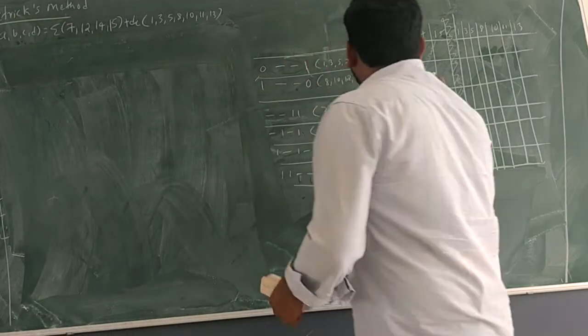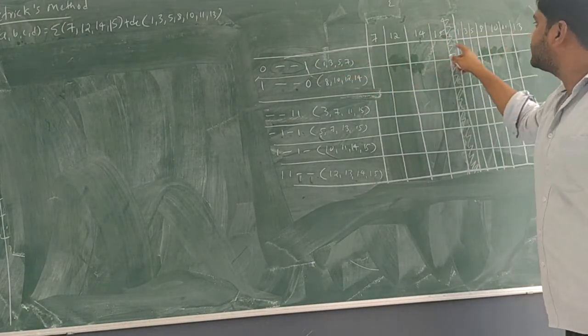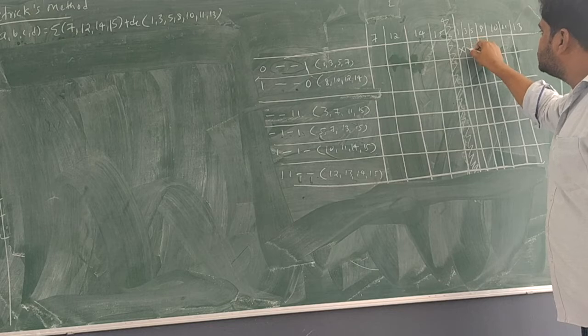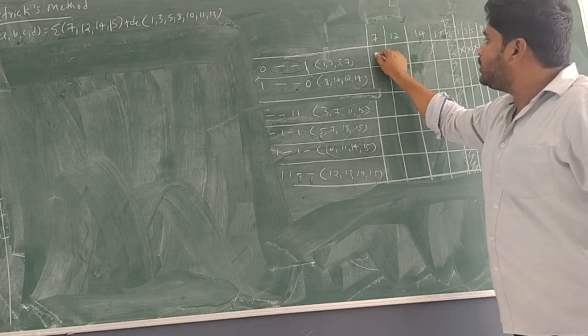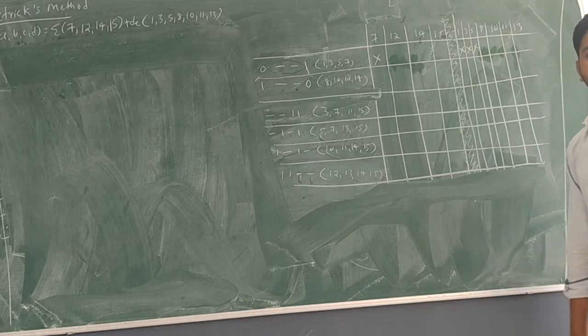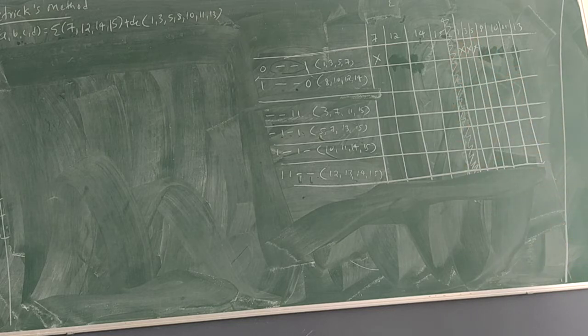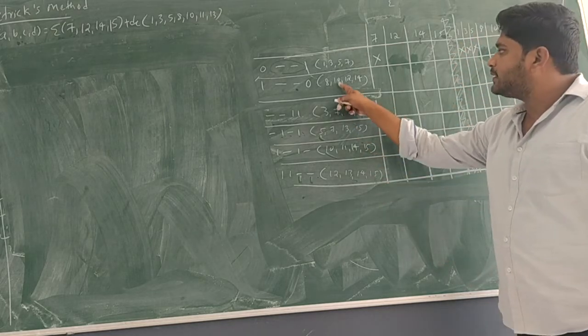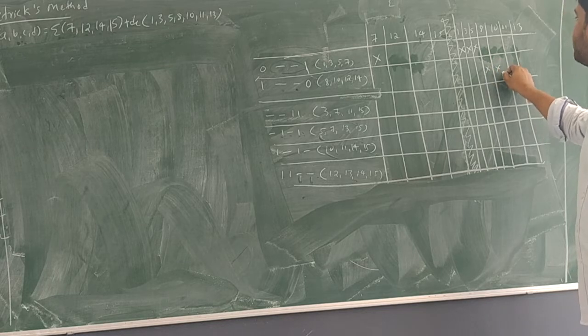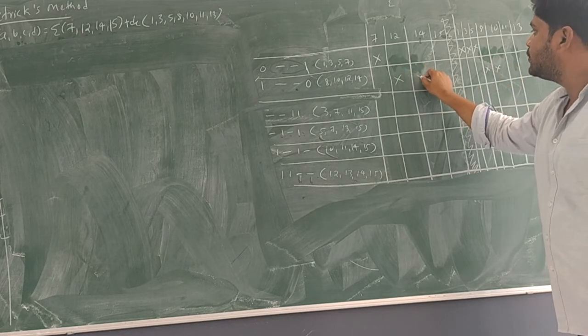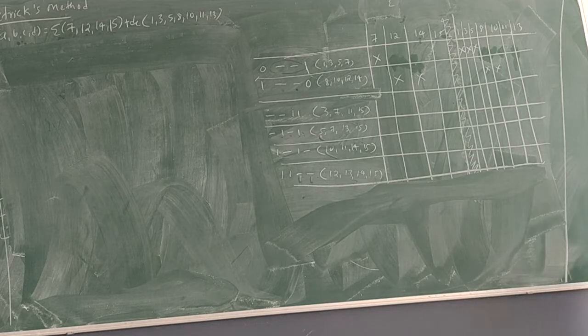See now, 1, 3, 5, 7. 1, 3, 5 are all DC, only 7 is a summation symbol. Then 8, 10, 12, 14.